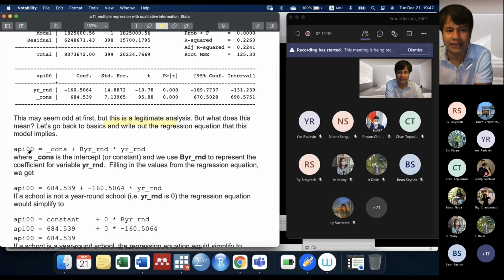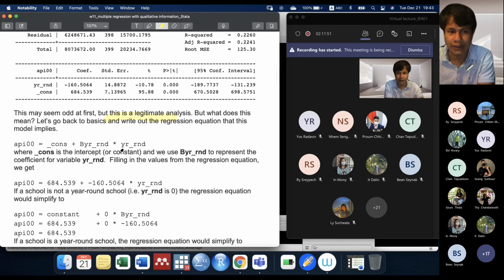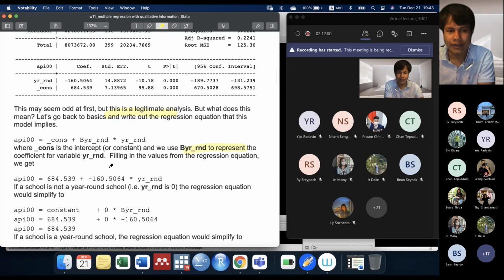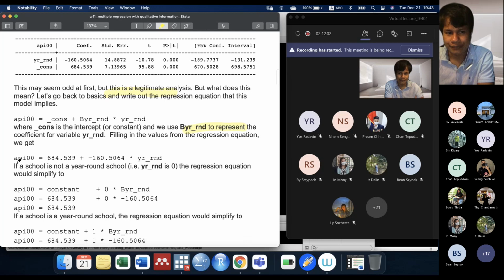So FP00 equals a constant plus the coefficient delta year round multiplied by year round, where the constant is the intercept, and we use B year round to represent the coefficient for year round. So we have this equation.